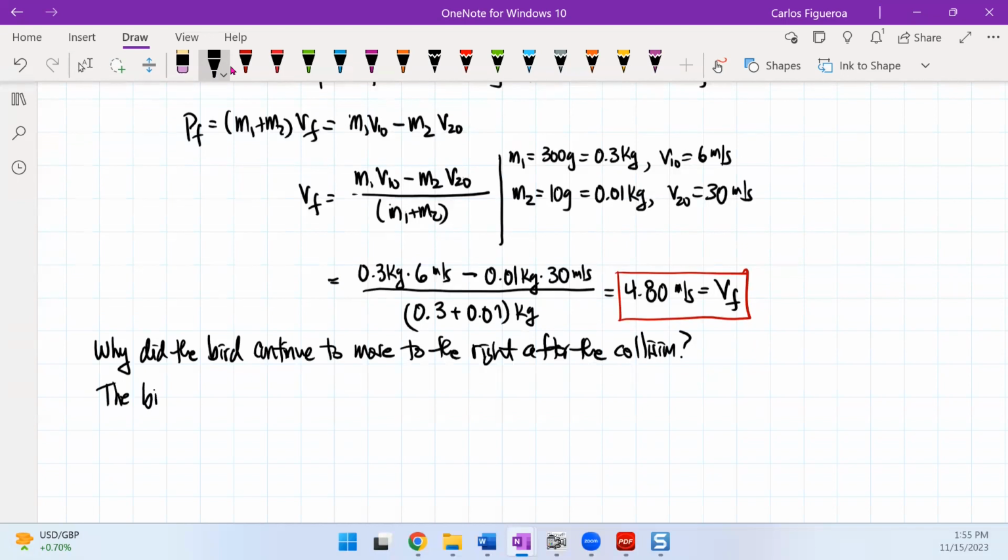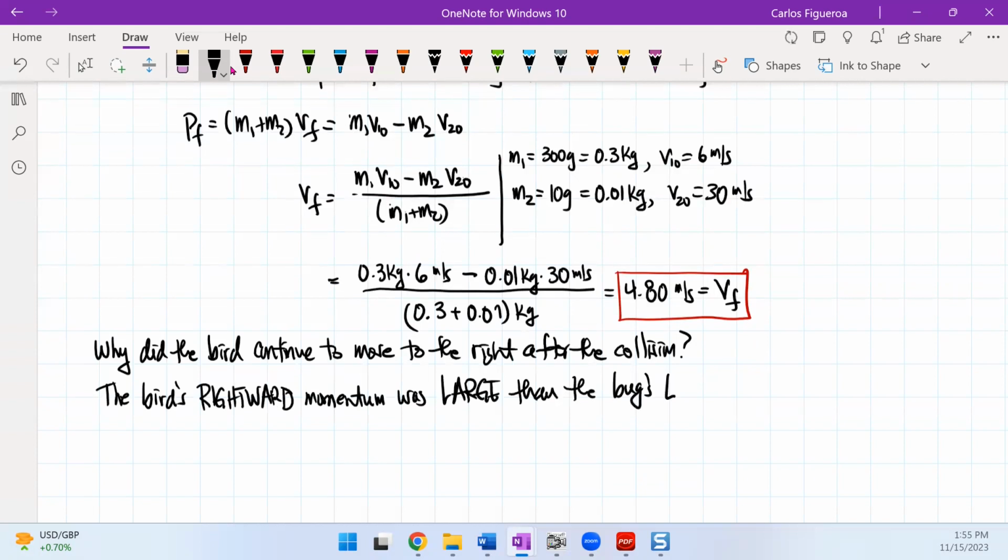The bird's rightward momentum was larger than the bug's leftward momentum.